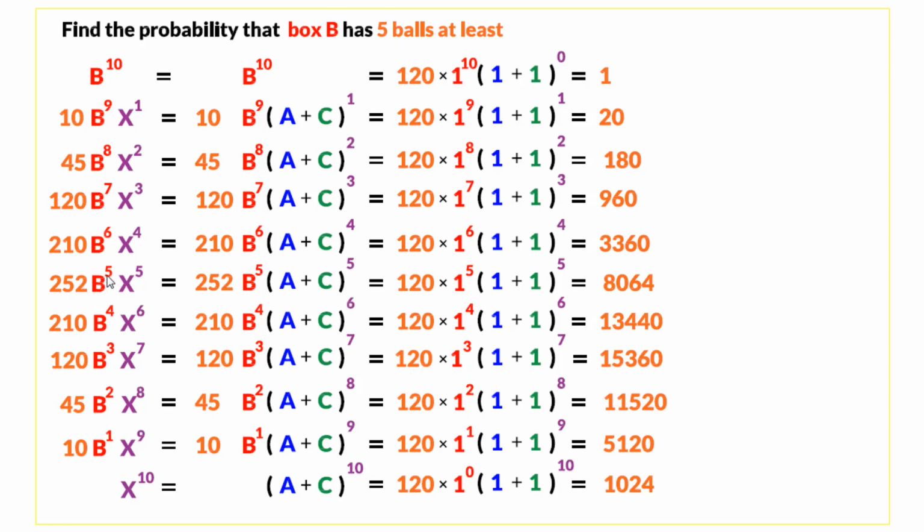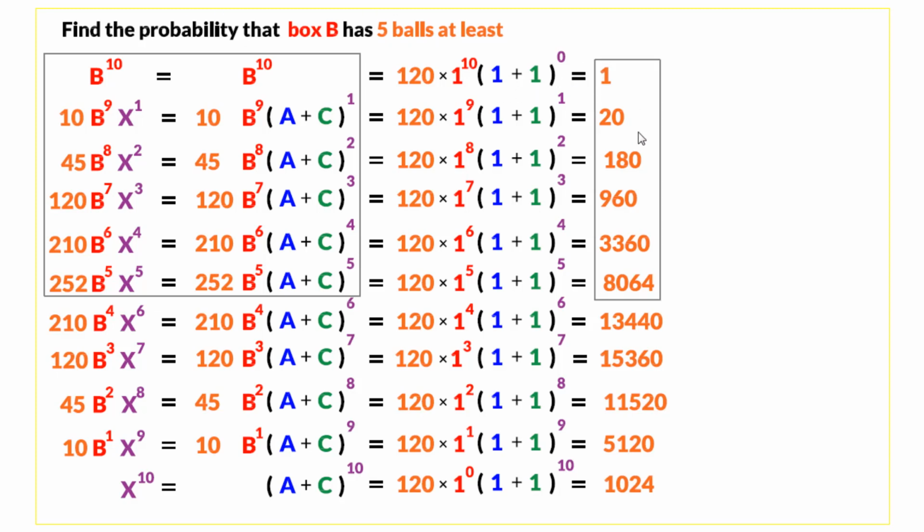So we may have 5, 6, 7, 8, 9 or 10. And these are the events which constitute the event we are looking for. These are disjoint events, and their union creates the event we are looking for, which is box B having at least 5 balls.